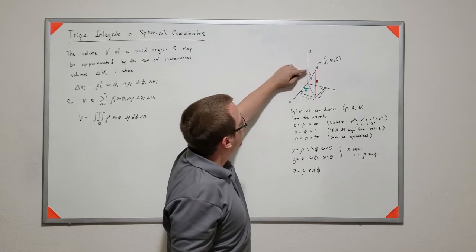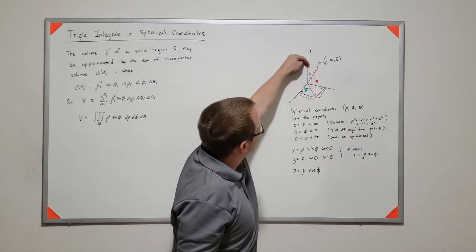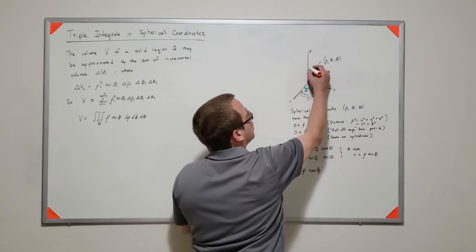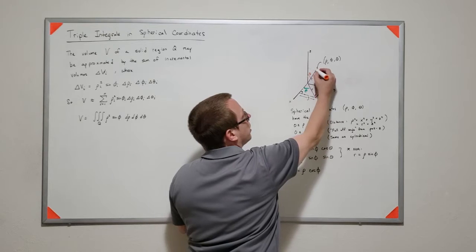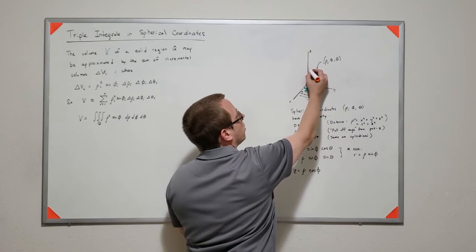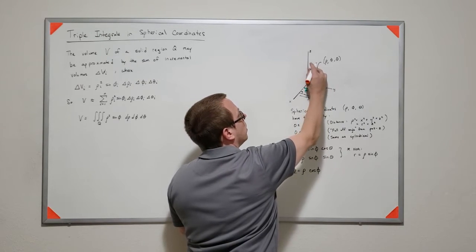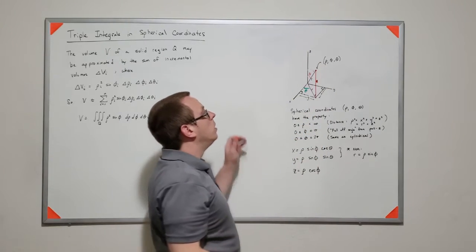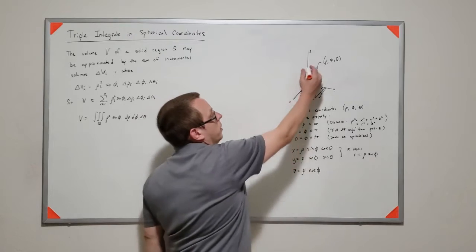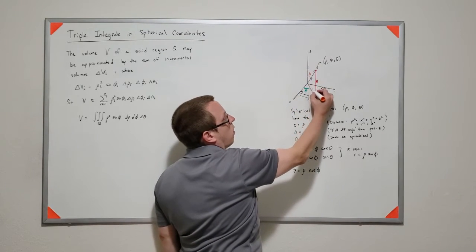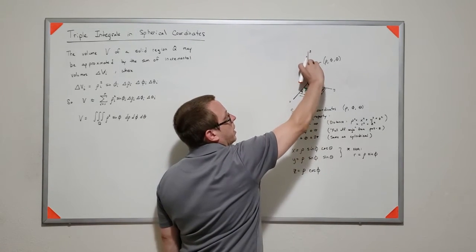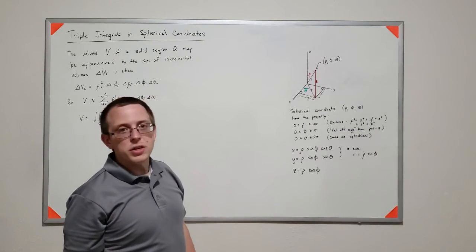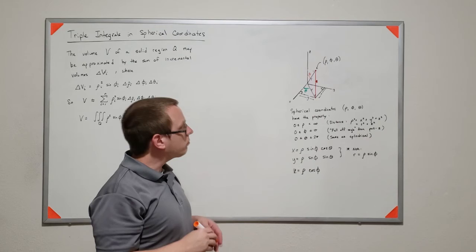So if you look at phi here, if I were to draw a dotted line making a right triangle here, then this is the same as r. It may not look like it for perspective. That's just because I did a bad job drawing.